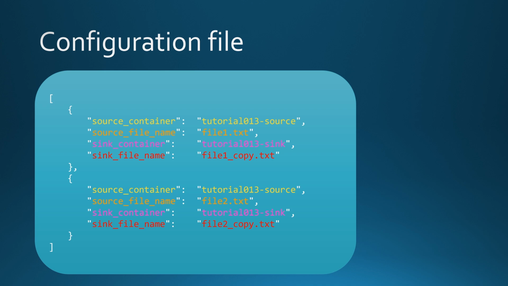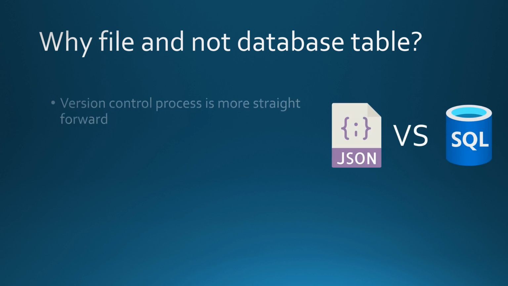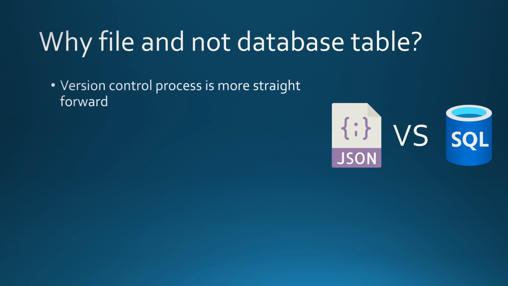In many similar Data Factory tutorials, people are using database tables for this configuration. Now I want to break it down quickly why I would say that using files is a better way to go than using database tables. My first point would be that the version control process would be way more straightforward when using files, because files are more easily version controllable than database table data.